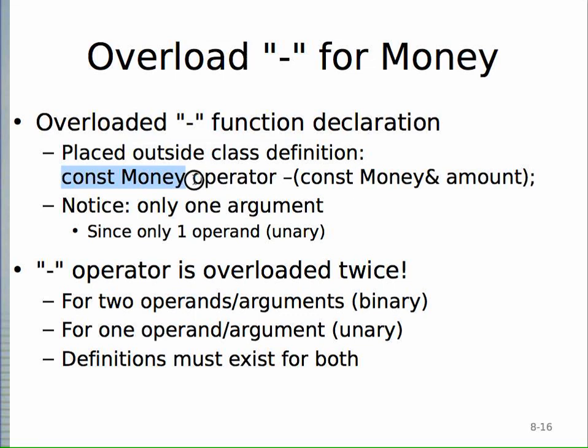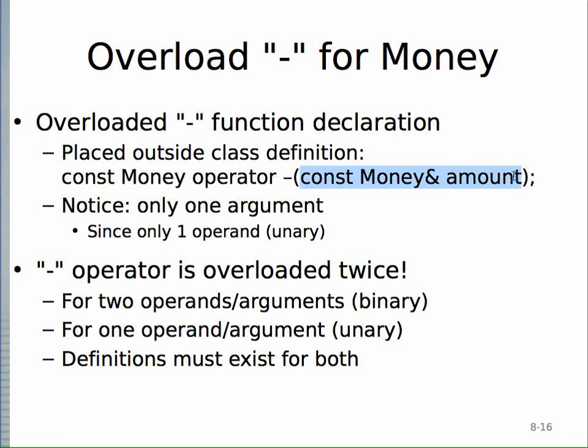And we say operator minus, we don't need money:: because this is a standalone function. And in this case, we have just one argument or one parameter for this function. So this will distinguish it from the subtraction operator where you would have two operands.